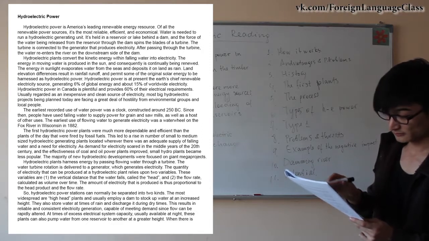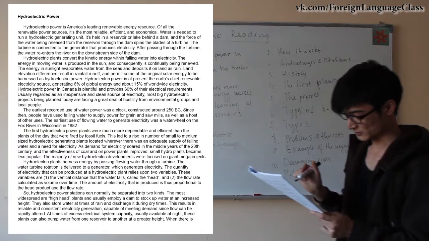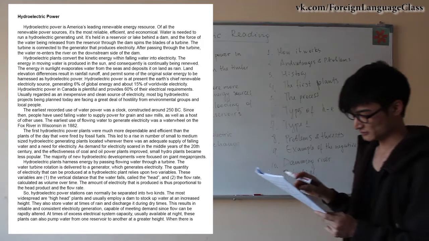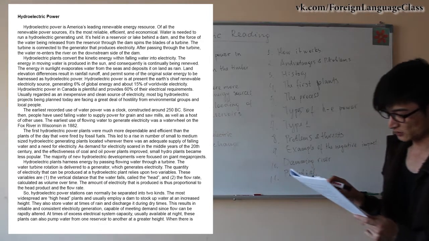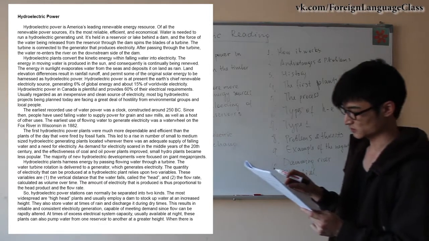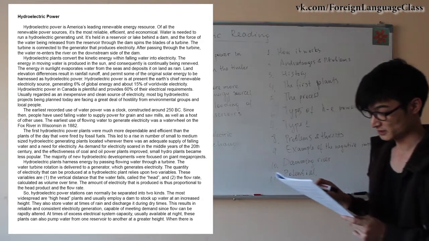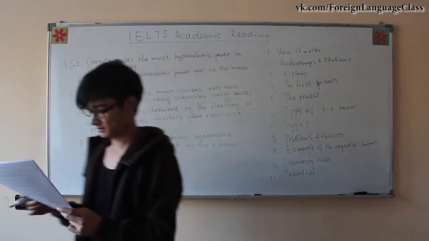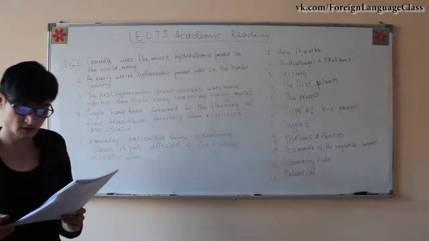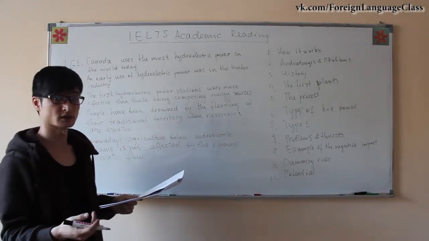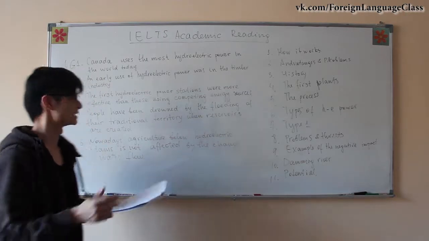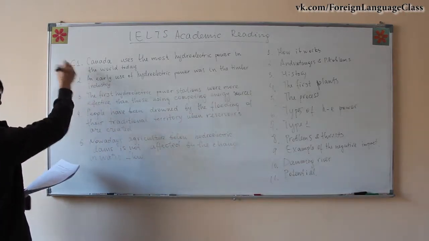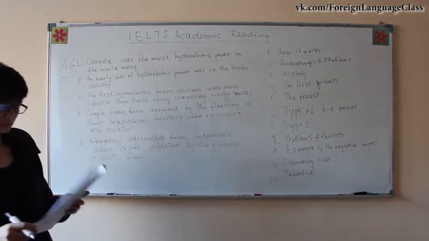Okay, paragraph 3, sentence number 2. Since then, people have used falling water to supply power for grain and sawmills as well as a host of other uses. It says grain and sawmills, and sawmills means that it was used to process timber. Then this statement is true.